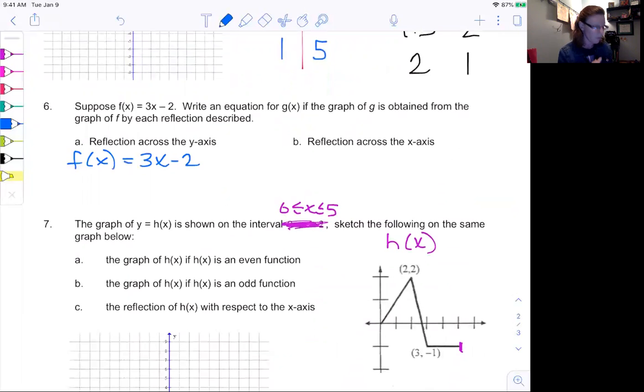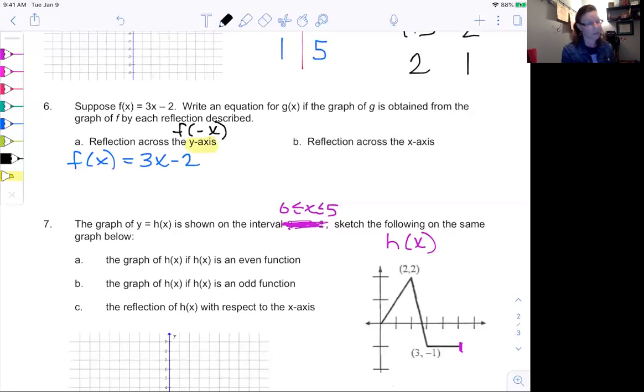So this one says we're reflecting across the y-axis. Our goal is to use the current equation and create a new one based off the fact that it's reflecting across the y-axis. Well, if it's reflecting across the y-axis, that means my x has to become negative. That was that property that we talked about a couple of days ago.